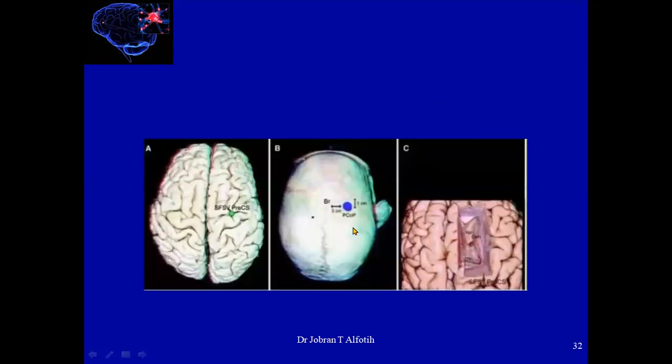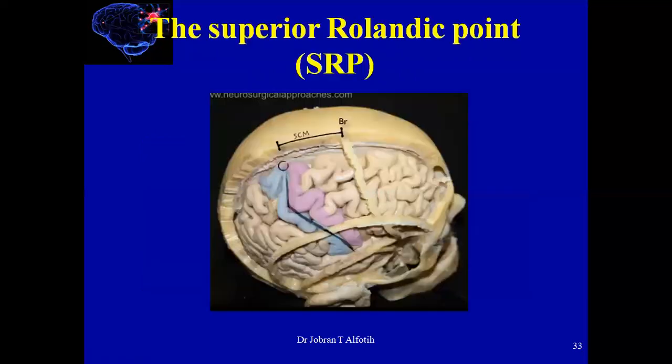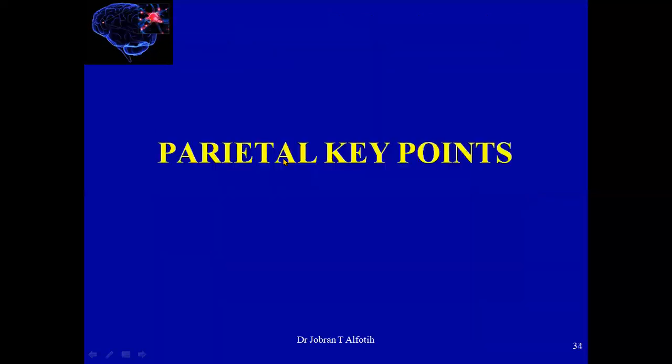As we see in this picture, here is the posterior coronal point, which is related to the hand motor area. The superior rolandic point, as we said before, is 5 centimeters, or 4 to 6 centimeters, behind the bregma.